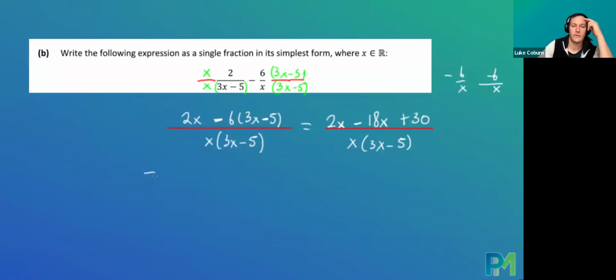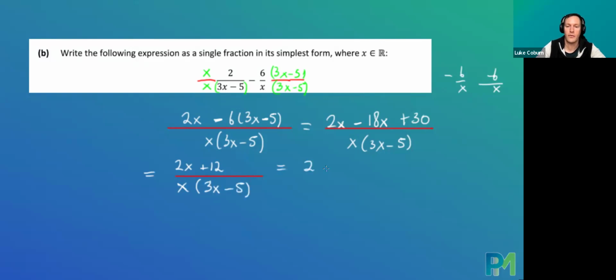And this is going to be equal to, I give myself a line again, 2x minus 18 plus 30, which is plus 12, over x times 3x minus 5.